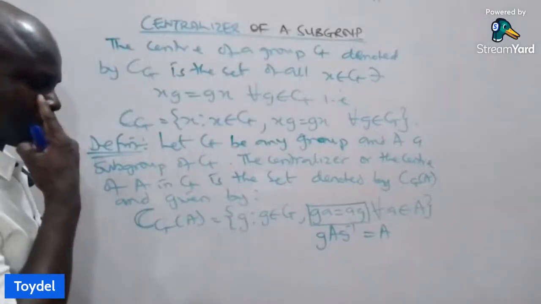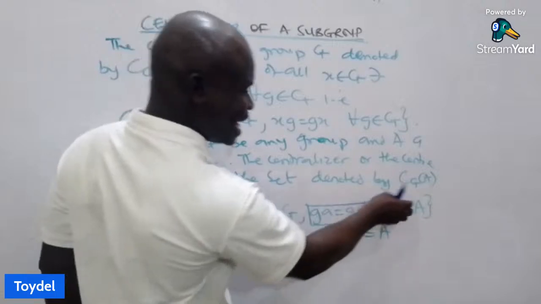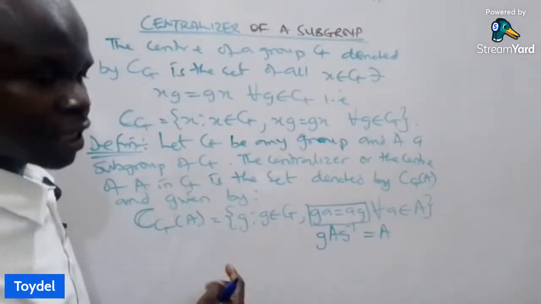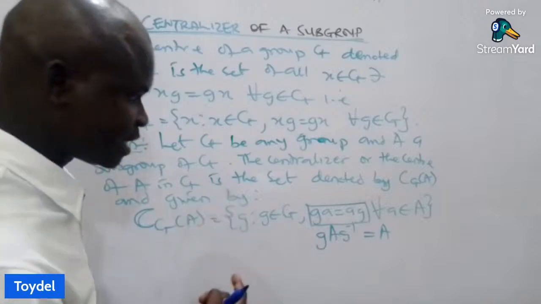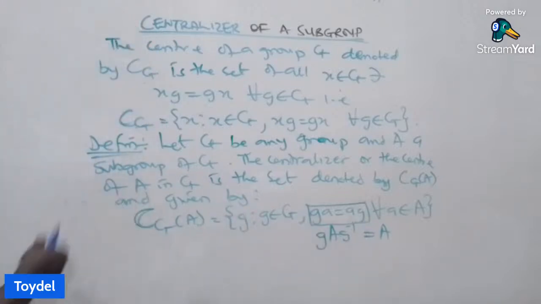If you check my video on cosets, this g is an element of the group, while a is an element of the subgroup. And of course, you know how to find either the left or right coset, and you know how to find the index, which is the distinct value that we get. So this is the definition of the centralizer of a group.